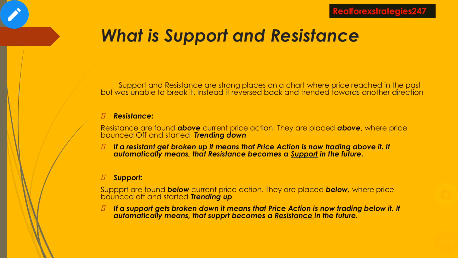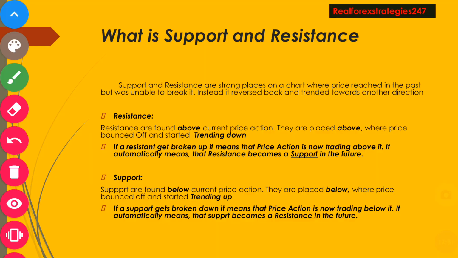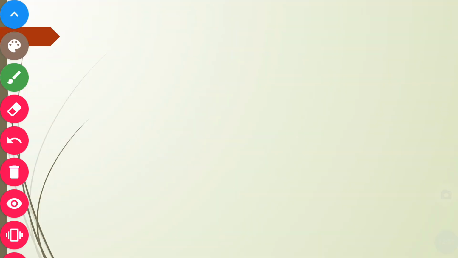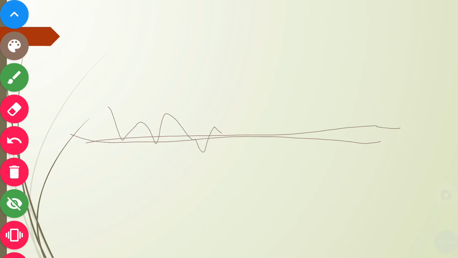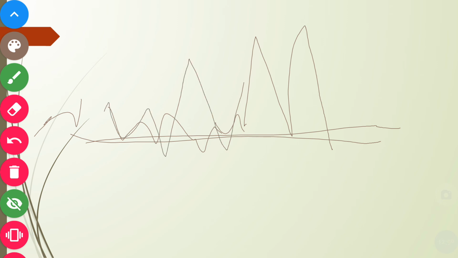So let me just go onto my whiteboard and do this real quick. Now you get what support is, right? Now let me just do the illustration. So this is support, right? I drew a line, and because price has been bouncing off of that line for a very long time in the past, right? So now it's trending up, and coming down to touch that price action. It has been happening like that in the past, right?